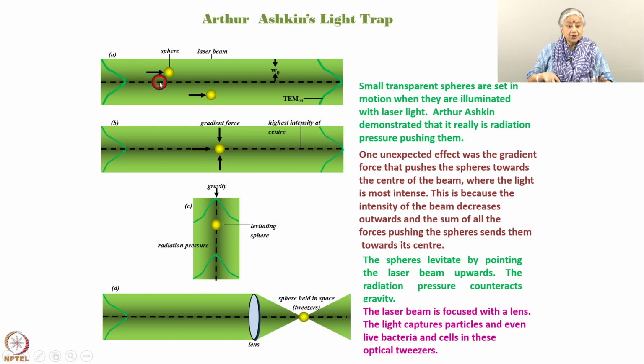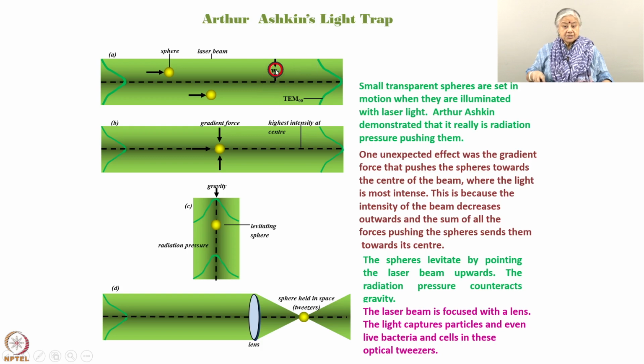So, these beads start moving along the laser light, as though the laser is guiding those small particles. Here I give the spot size of the beam, given by W0.